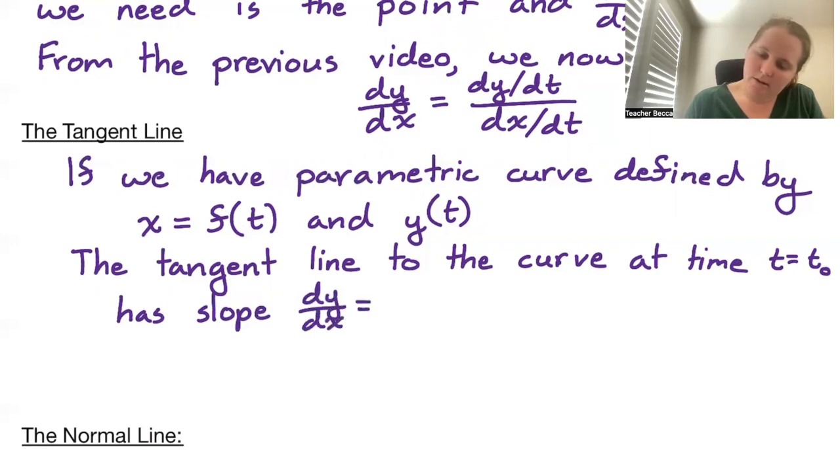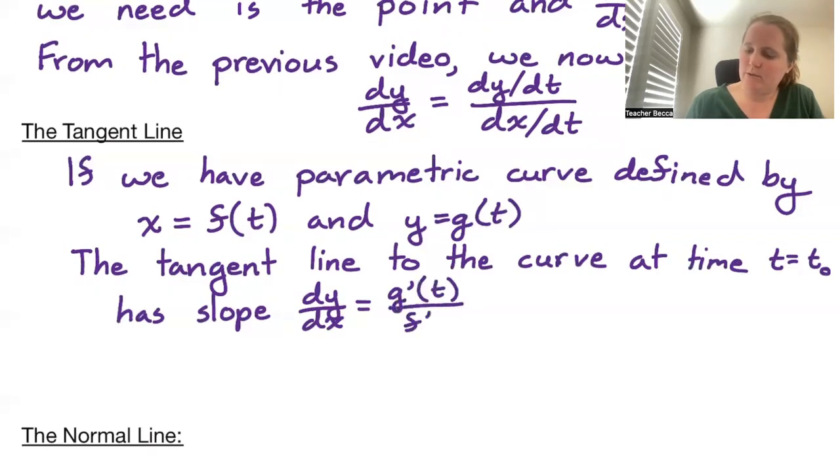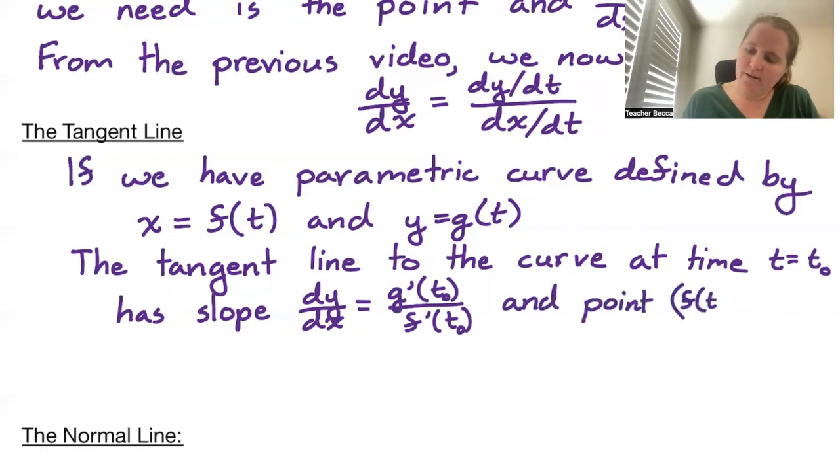Oops, sorry, I didn't actually finish. That should have been y equals g of t. The tangent line has slope g prime of t over f prime of t. Sorry, there should be t naughts at a specific point in time, and the point f of t naught, comma g of t naught.